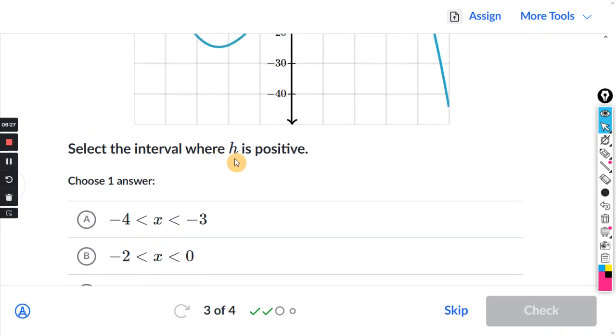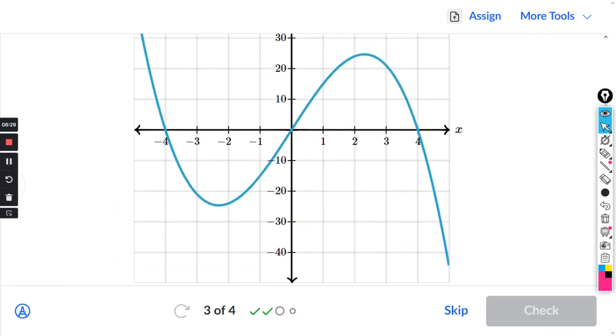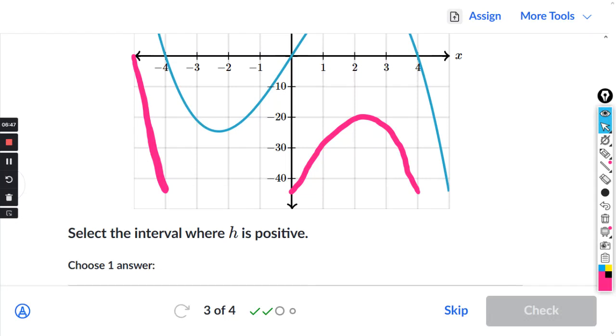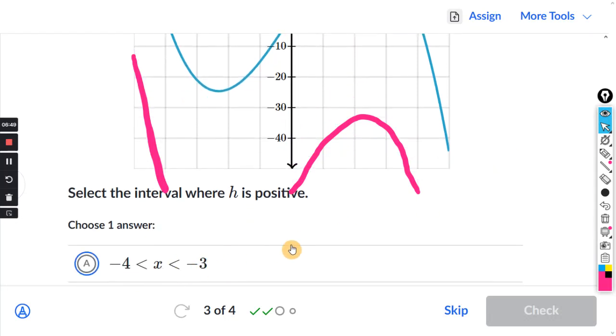Select the interval where h is positive. Where is the graph positive? Anywhere above the x-axis is considered positive. Right there, it's considered positive. Right there, everything else is negative. Let's look at the choices.